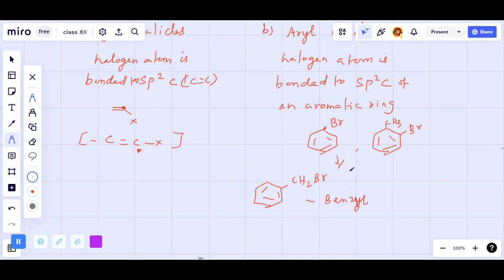So don't get confused. Benzyl means the star carbon is attached to the ring carbon, but aryl means the star carbon itself is part of the ring double bond. So this is the classification of sp2 carbon based on hybridization. Now we have completed the classification of haloalkanes and haloarenes.